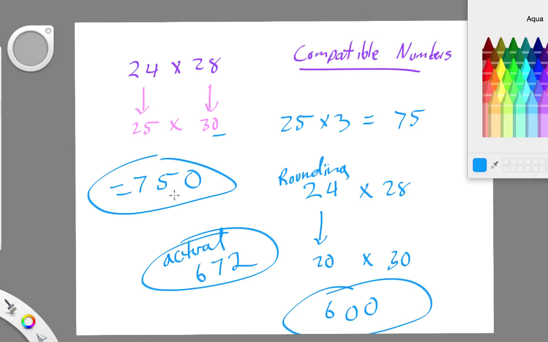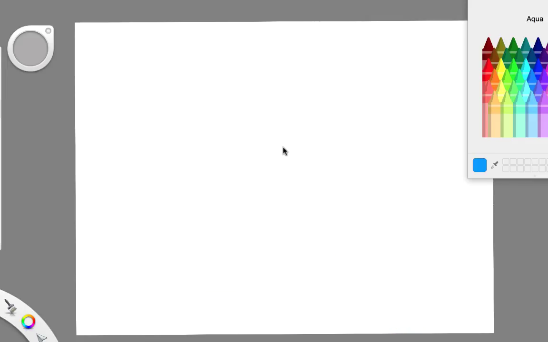So that's kind of right in between 750 and 600. So one estimate takes us a little high and the other low. And what really matters is that we're finding 2 different ways to estimate. So you're going to choose the method you want to use. And you might just choose to estimate every single time.